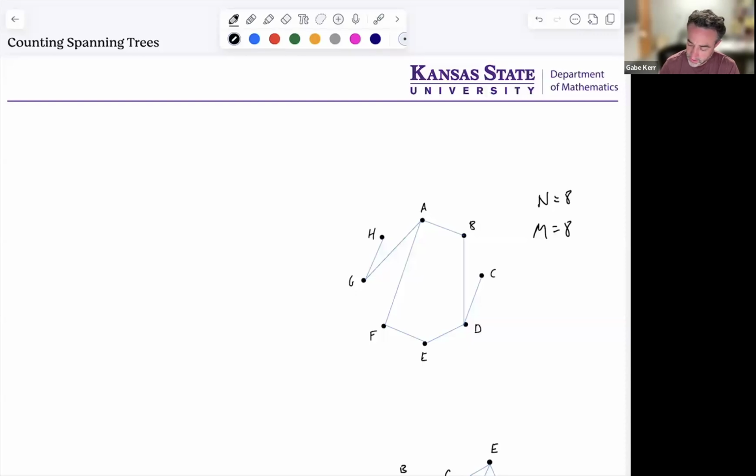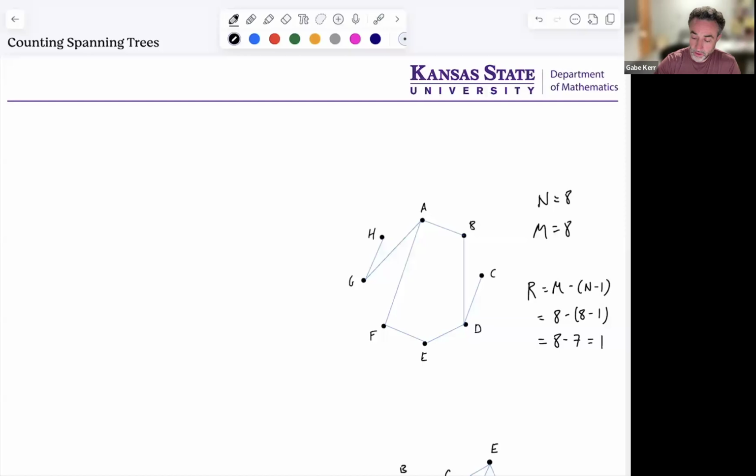So the redundancy of this graph is m minus (n minus 1), which is 8 minus 7, which is 1. If it were 0, it would be a tree. So this is sort of one more level of complexity than a tree.